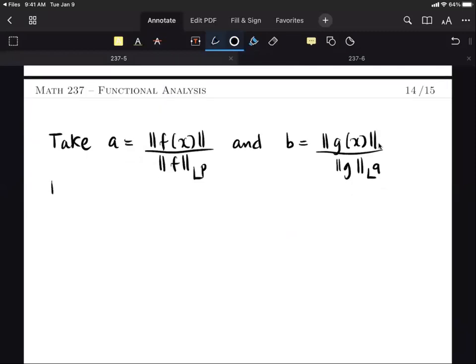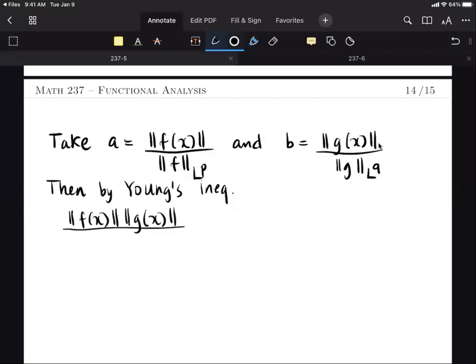Then if you take the product of these two, by Young's inequality, the product AB, which is norm of f of x times norm of g of x divided by the two denominators, is less or equal to 1 over p A raised to p.